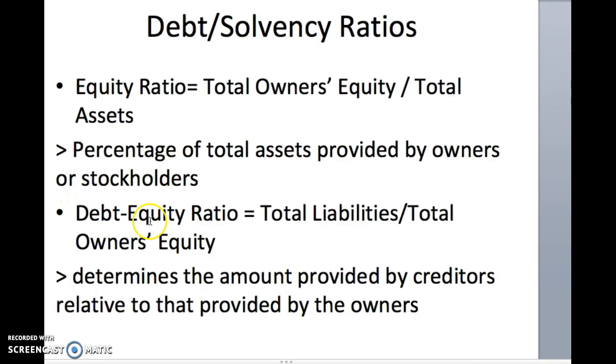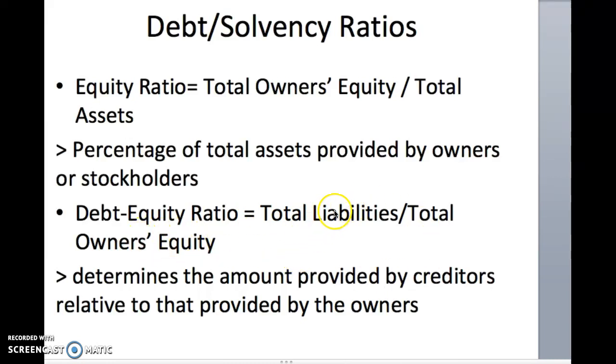Now, third one would be the debt-equity ratio. We are comparing the total liabilities, current and non-current, divided by the equity. For this one, this is not expressed as a percentage. It's expressed in decimal form. If you get a value higher than 1, then it means that you have more liabilities than equity.